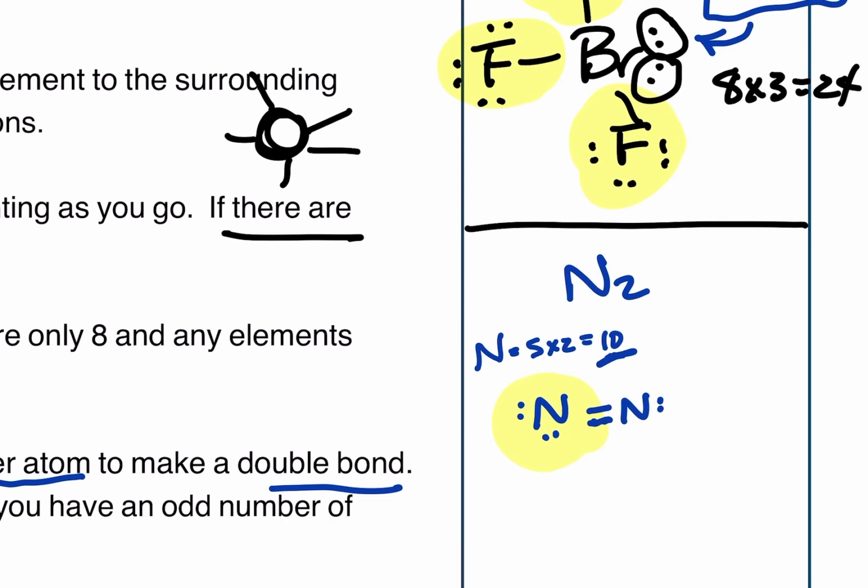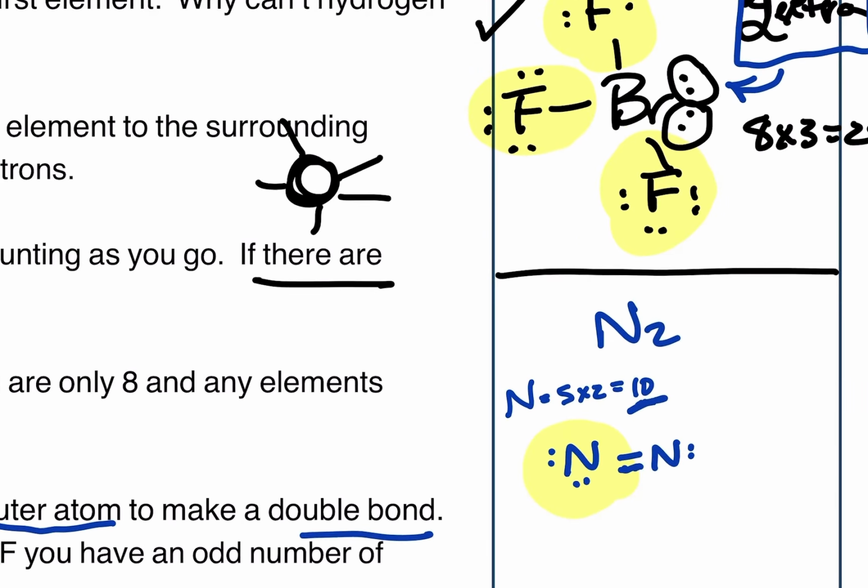So I'm just going to grab another pair of electrons. I'm going to grab it from the other nitrogen just to make it prettier. And I'm going to make another bond. I'm going to put them up here and turn those into a bond. So now, still we're going to count. So we have 10, so here's 8, 6, 4, 2, 0.